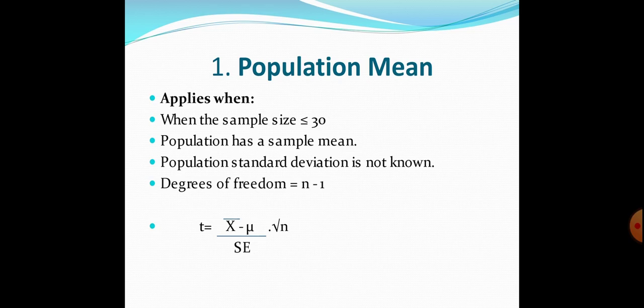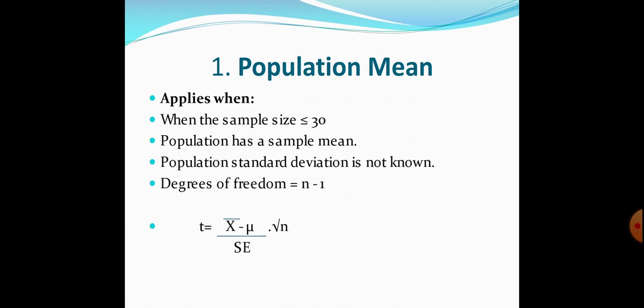Now population mean, what are the conditions, or in what conditions does it apply? When the sample size is less than or equal to 30. If the sample size is more than 30, then the t-test cannot be applied. When you have a sample mean, obviously, and the population standard deviation is not known to you, that you have studied in the definition.